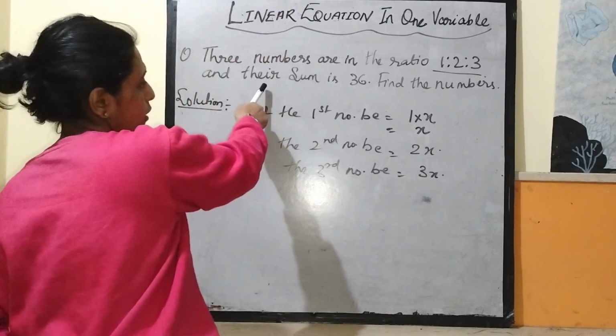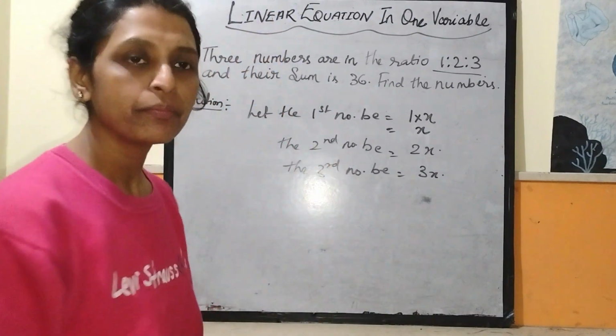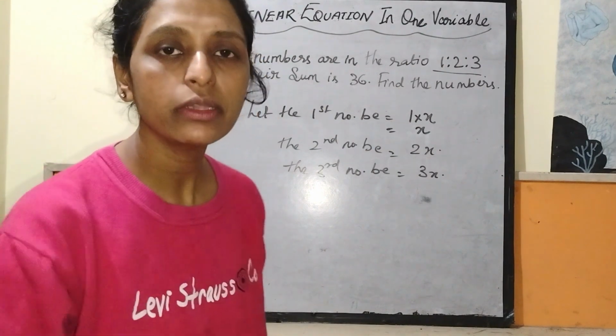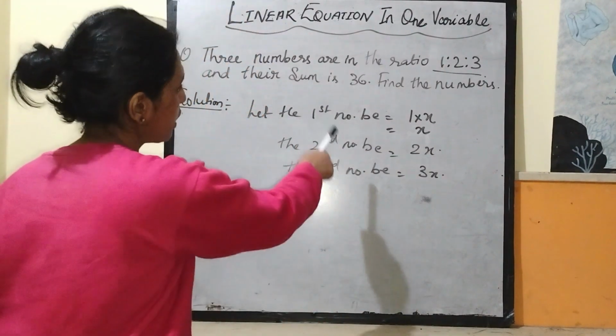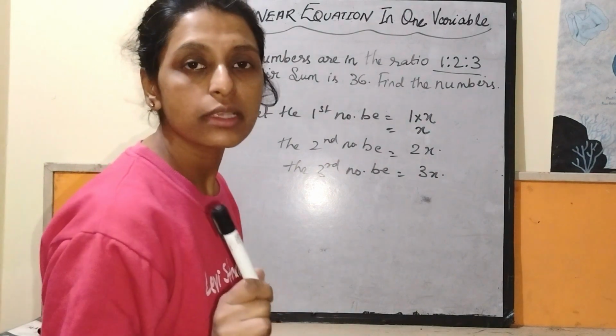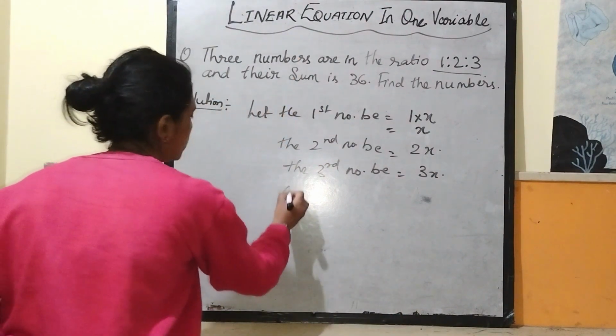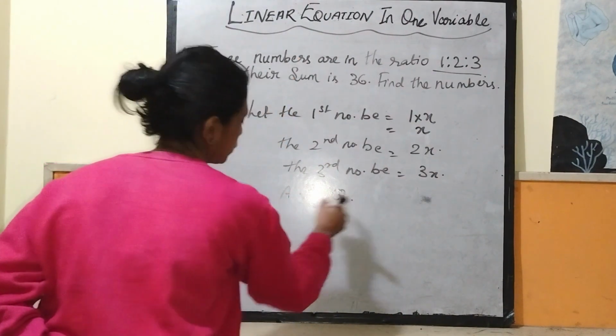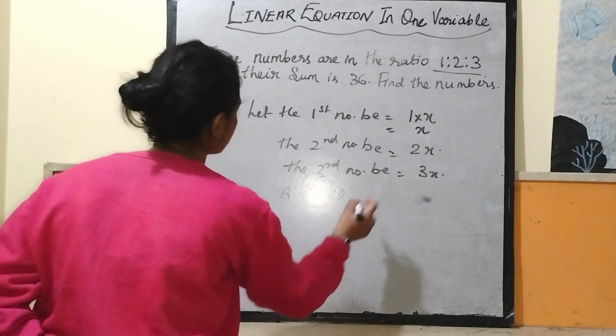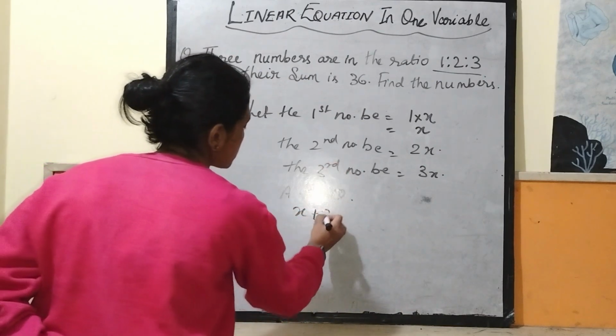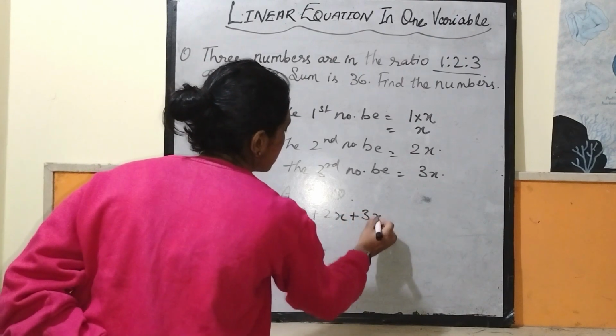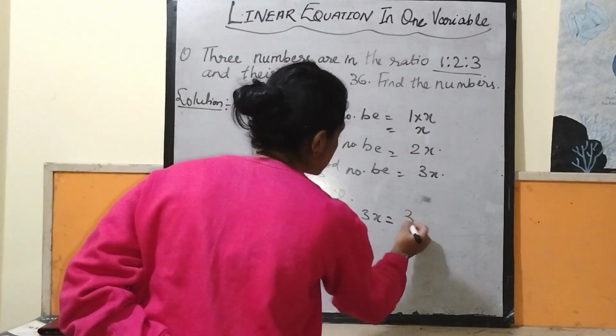According to the condition given in the question, the sum of these three numbers is equal to 36. So x plus 2x plus 3x gives us the sum as 36.